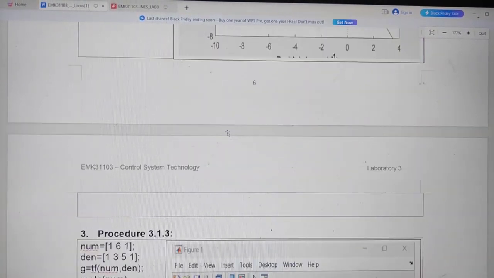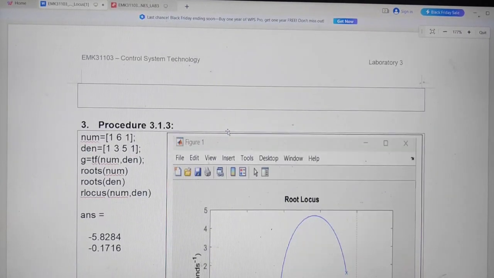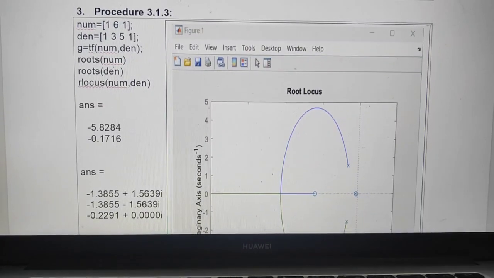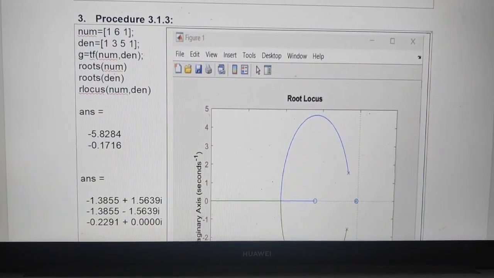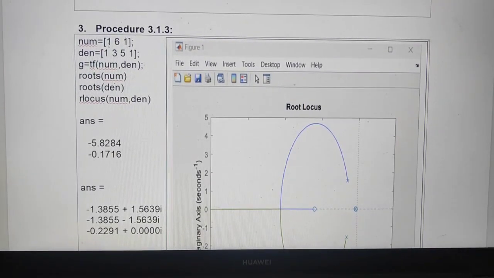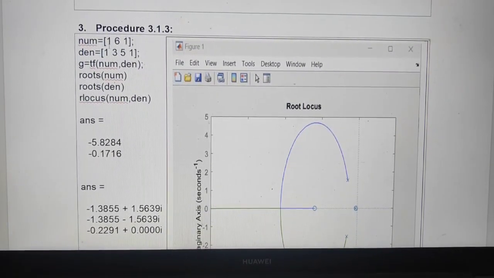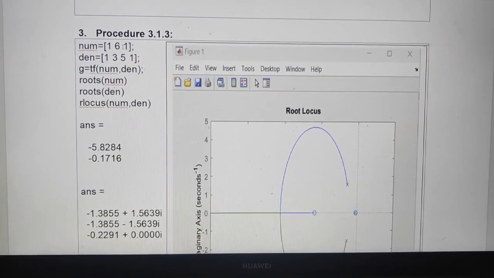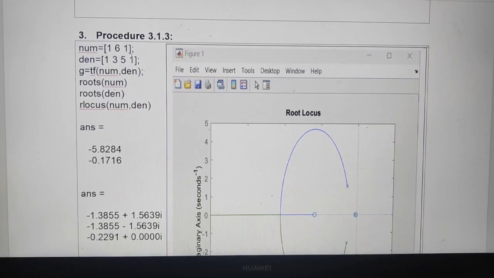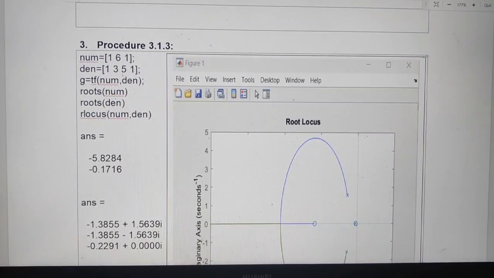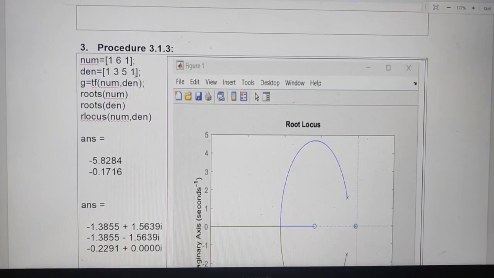And for the third exercise, the numerator is s squared plus 6s plus 1, and the denominator is s cubed plus 3s squared plus 5s plus 1.